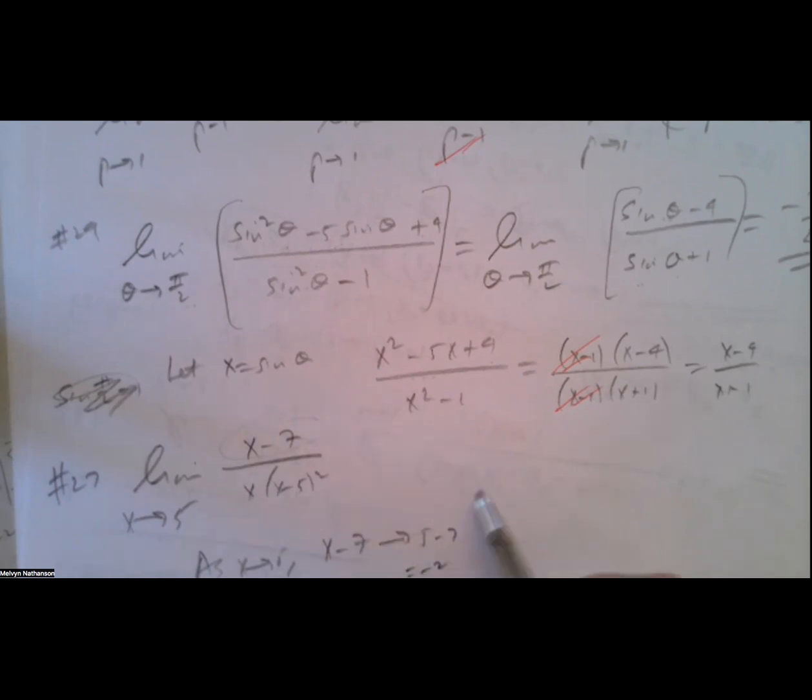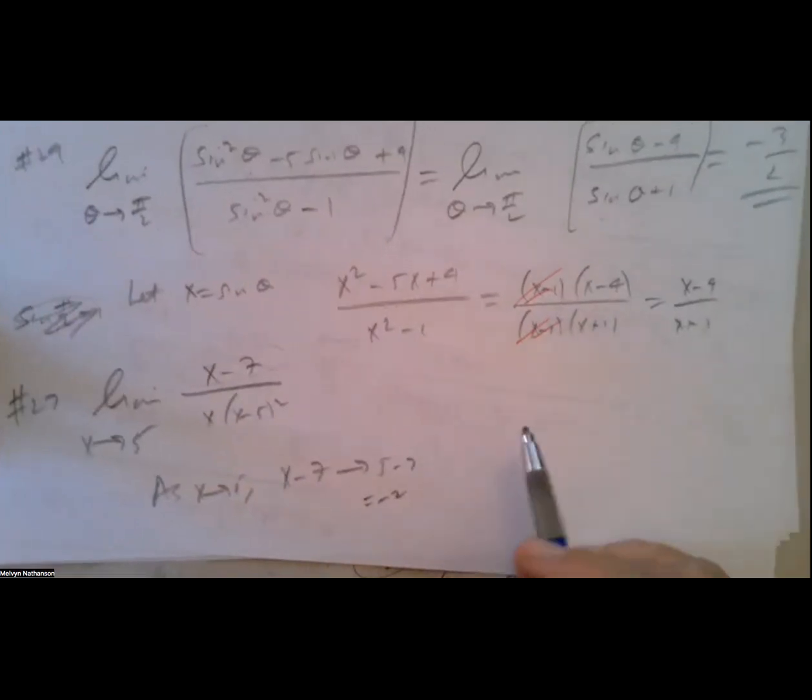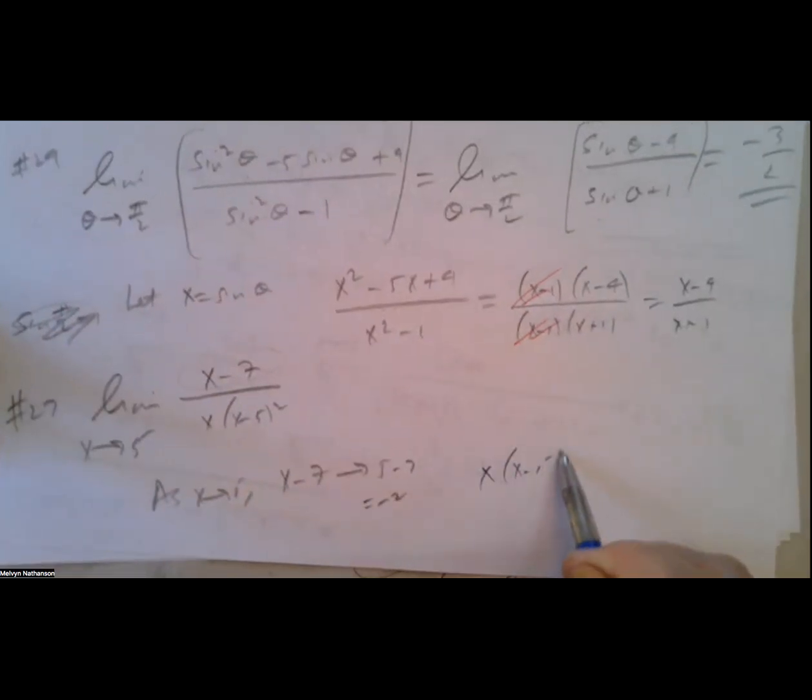What about the denominator? As x goes to 5, x times x minus 5 squared. First of all, this is a square, and this is positive. But x minus 5 goes to 0 as x goes to 5. So this is going to 0 through positive numbers.